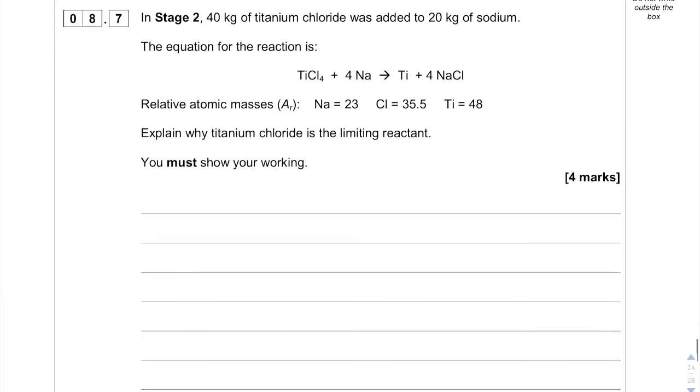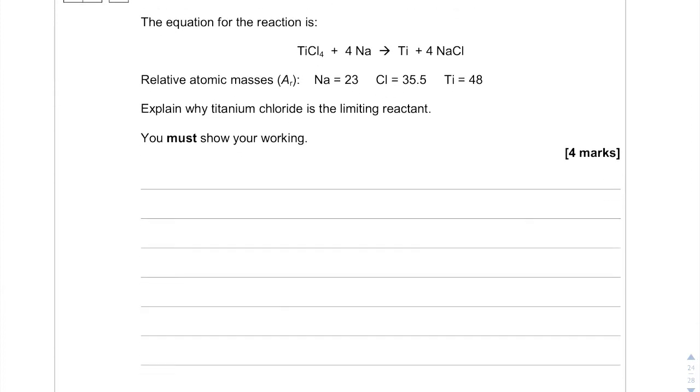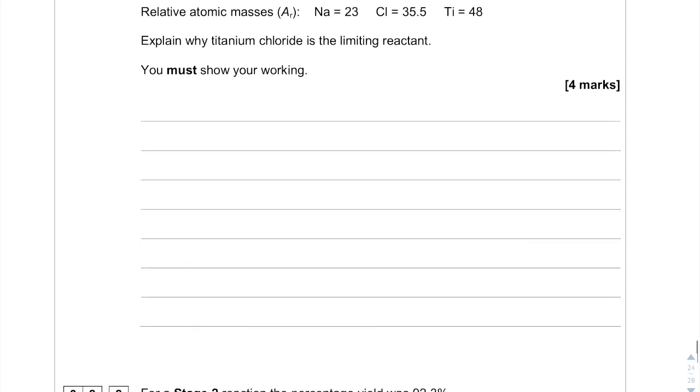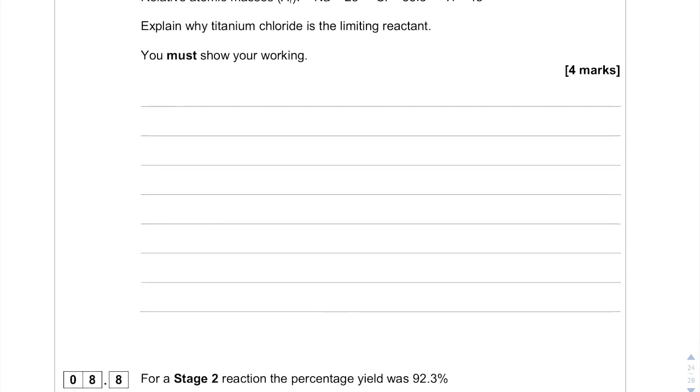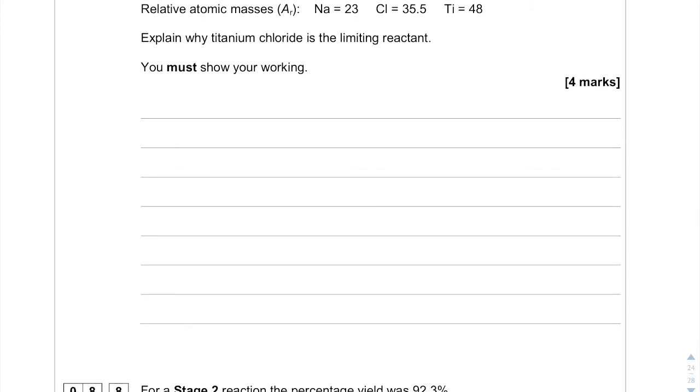Now 8.7 in stage 2, 40 kilogram of TiCl4 was added to 20 kilogram of Na. The equation is, oh, it's given, nice. So we have the Ar and explain why titanium chloride is the limiting reactant, and you must show your working. So basically telling you to work out the number of moles of each thing.